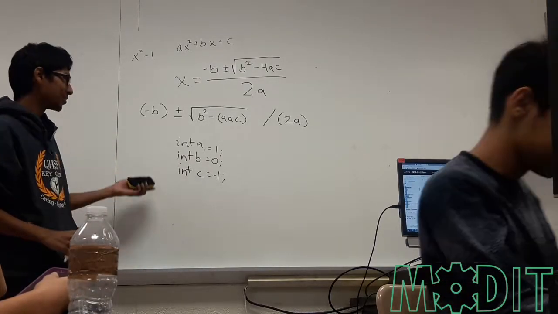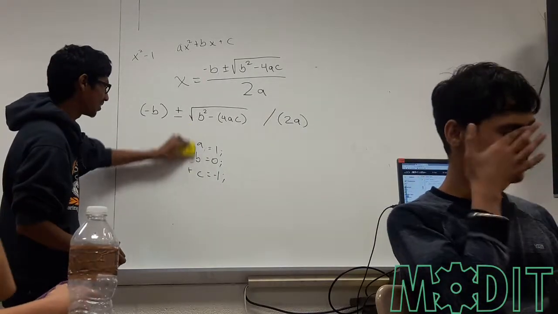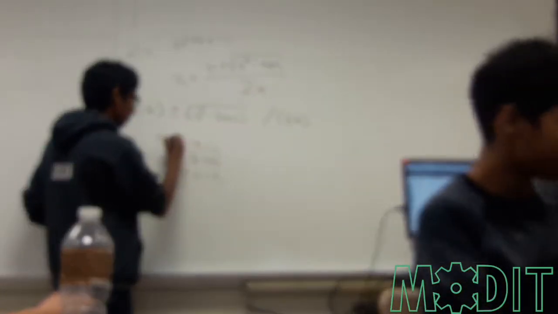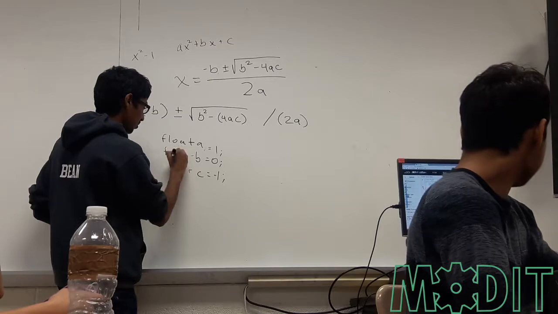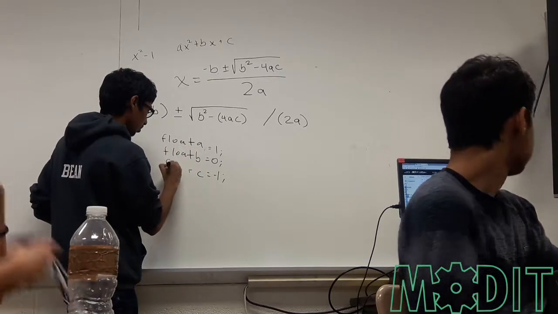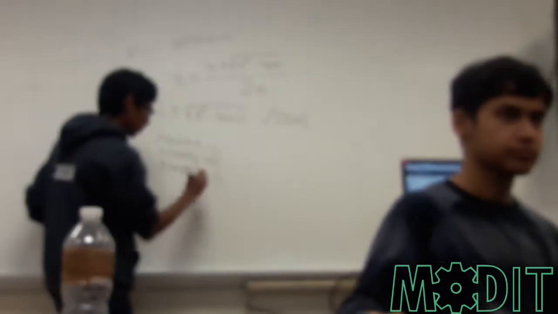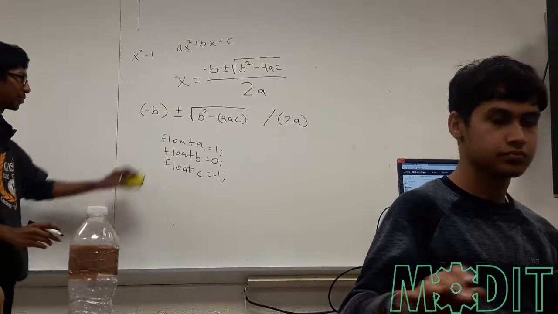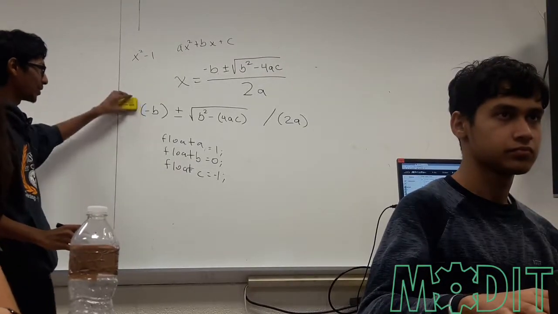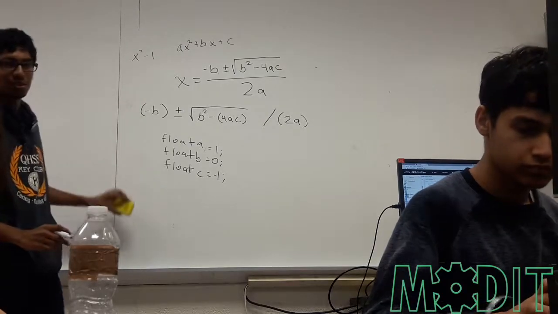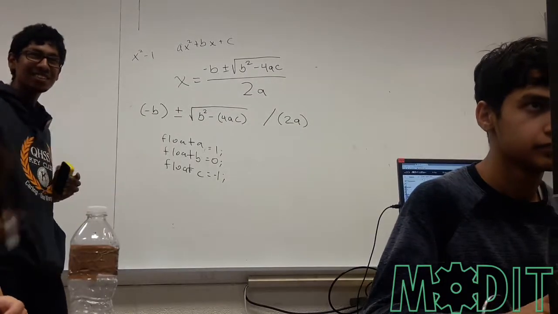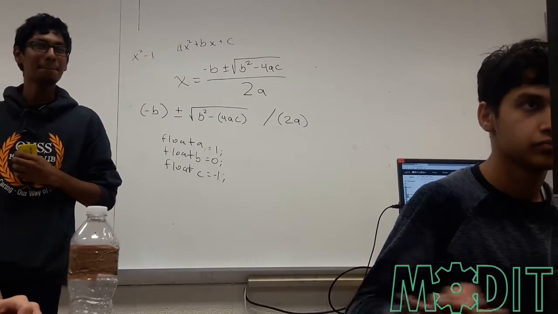So, we have our 3 floats, and we're going to convert this into our... I wasn't here. What's the difference between a float and an integer?